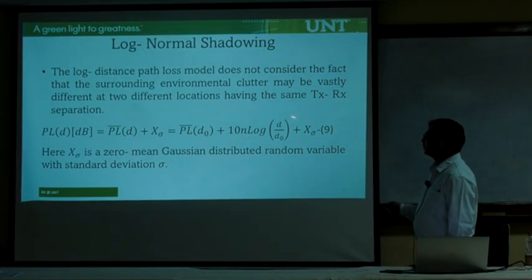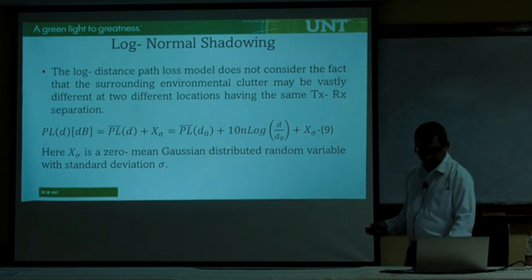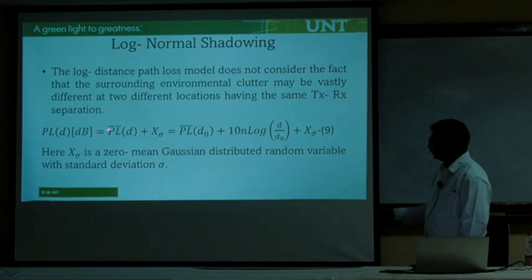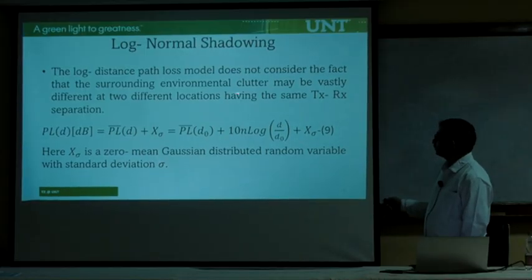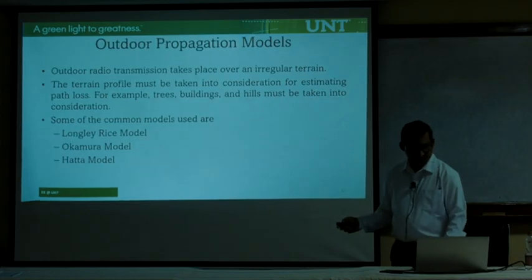Which means that in complex environments where there is clutter, you need to add an additional term. I hope you see the point. This part you already know. This part you already know. But this part is an additional variable that you are adding to accommodate for complex clutter in the environment.